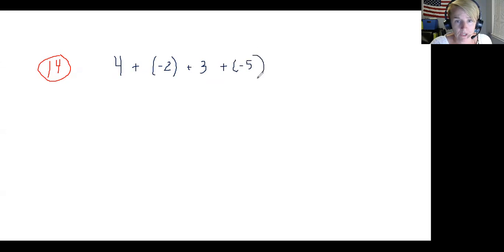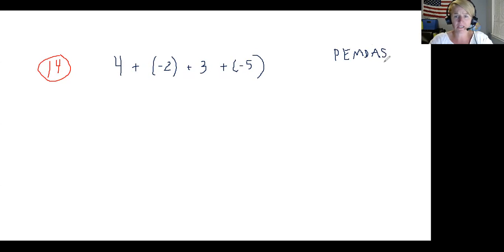Now, this problem is already set up in an algebraic arithmetic situation. I have all my negatives clumped together in parentheses, and I still want to refer to my Please Excuse My Dear Aunt Sally because you guys might not see what's actually happening here.